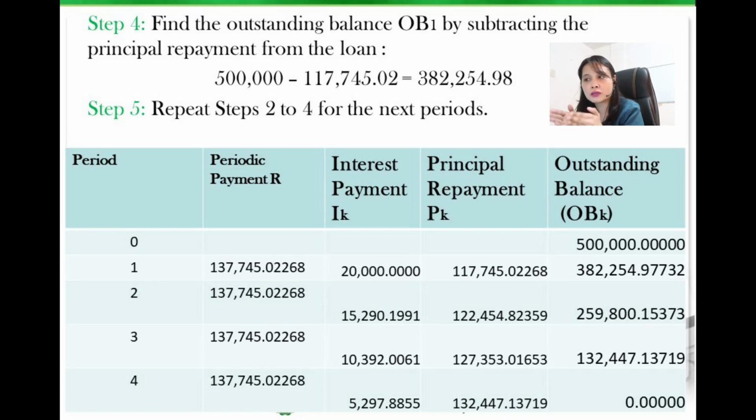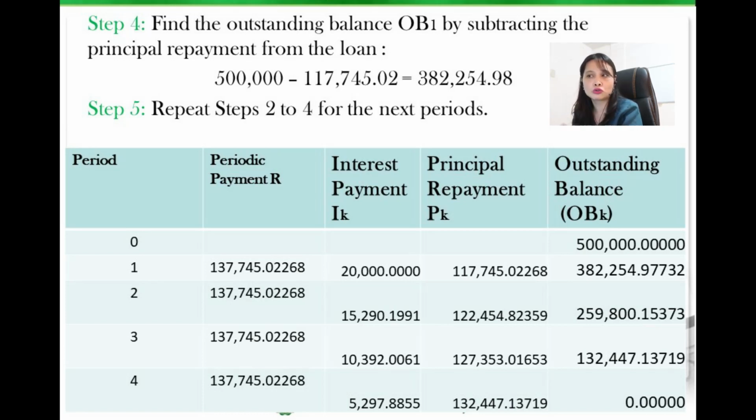So that's your principal repayment. Now, magkano daw yung outstanding balance for the first period? 500,000 minus your principal repayment, that would be your outstanding balance for the first period.